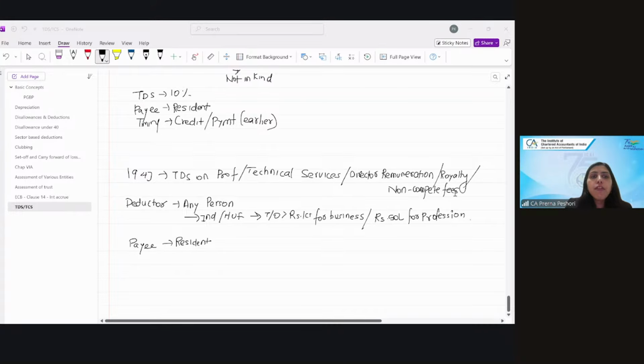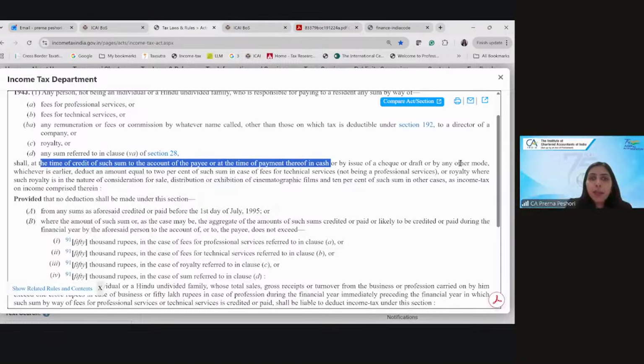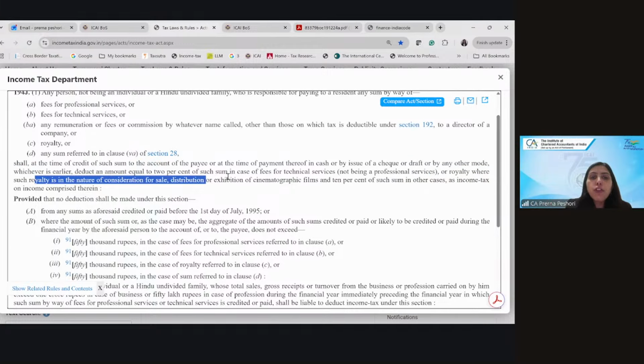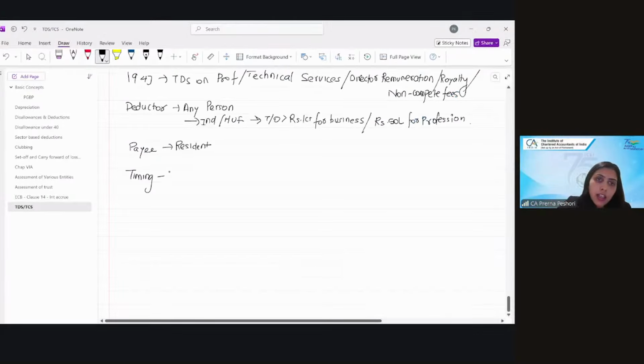So at the time of credit or at the time of payment, whichever is earlier, deduct an amount equal to 2% in case of fees for technical services, not being professional services, or royalty where the royalty is in the nature of consideration for sale, distribution, or exhibition of cinematographic films, and 10% in other cases. So what is my TDS rate? The timing is payment or credit, whichever is earlier.